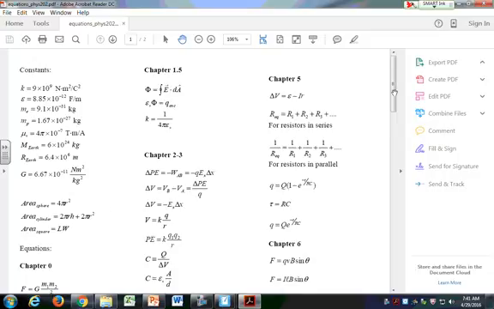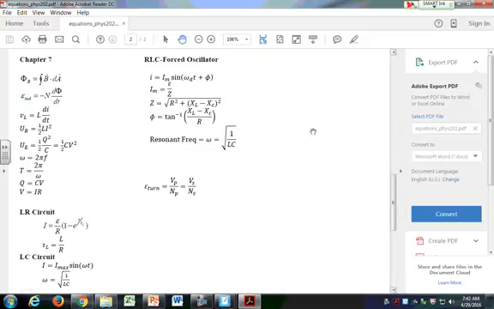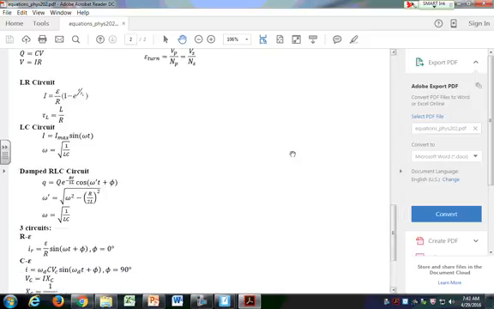You'll have this entire equation sheet on the upcoming test. So here's our LR circuit. This is the current as it's turned on.